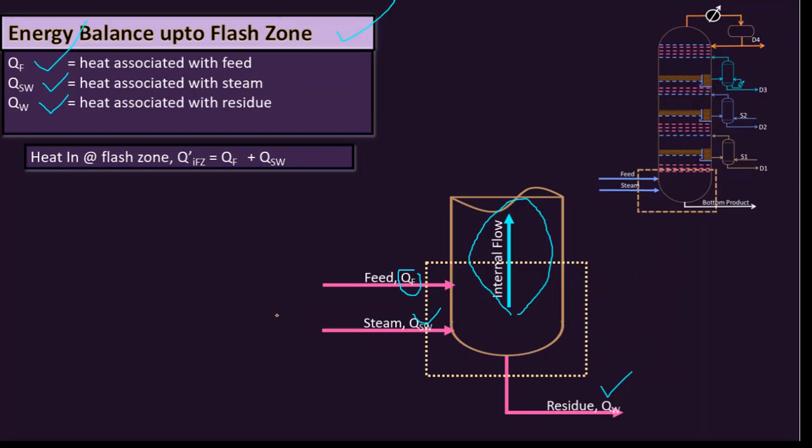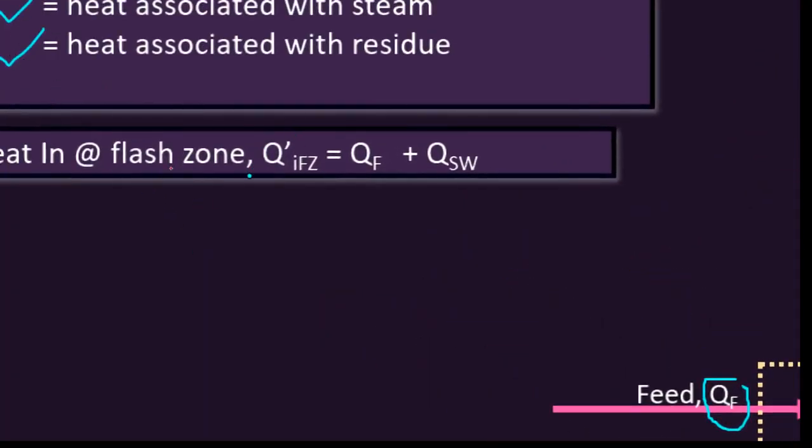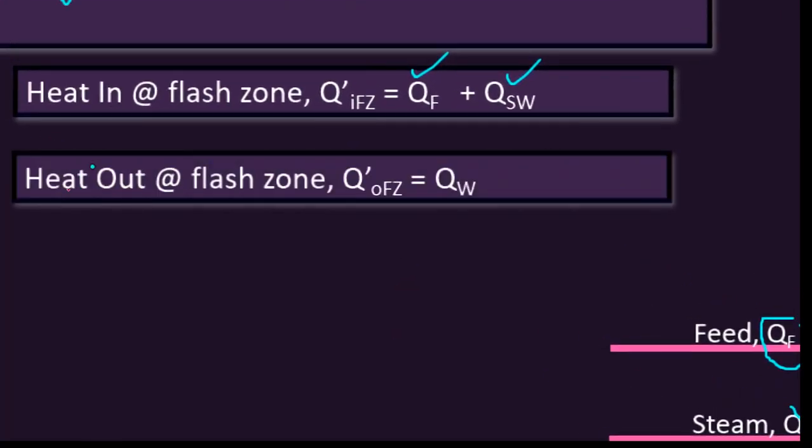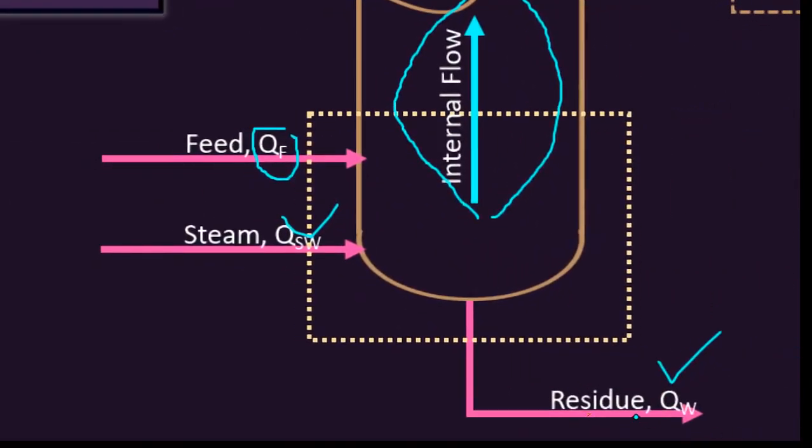Heat in at the flash zone. There are two streams going inside, so the heat in, Q'IFZ, the heat in at the flash zone, is nothing but QF plus QSW. This is the total amount of heat. Next is the heat out at the flash zone, Q'OFZ, which is only the one stream leaving the flash zone, QW, as per our diagram.